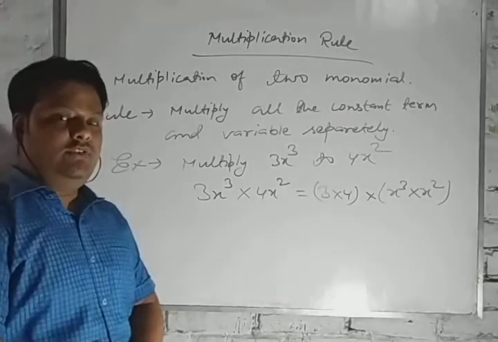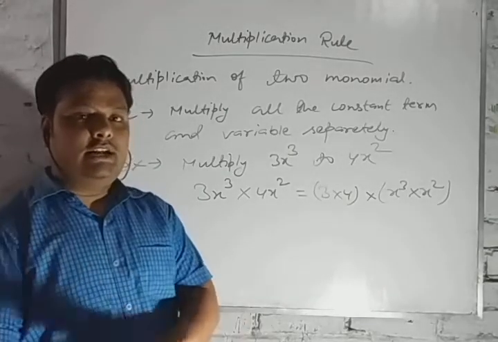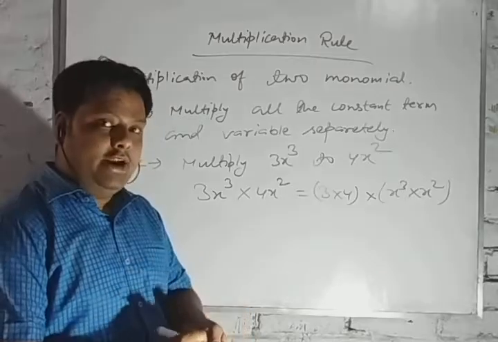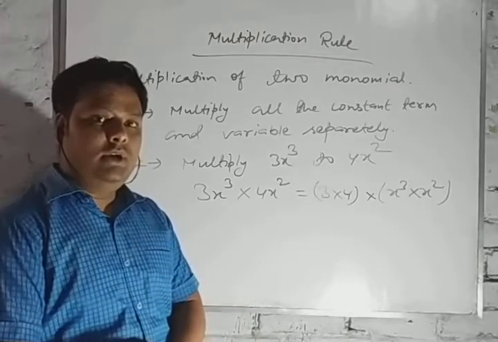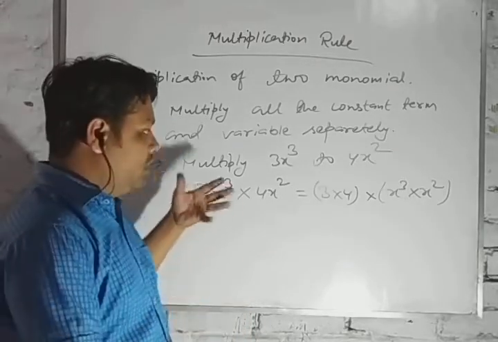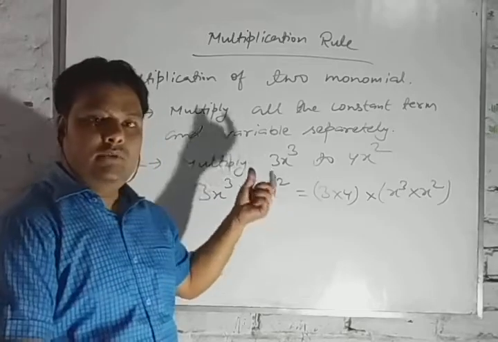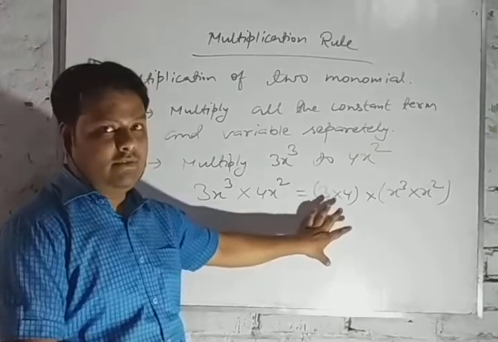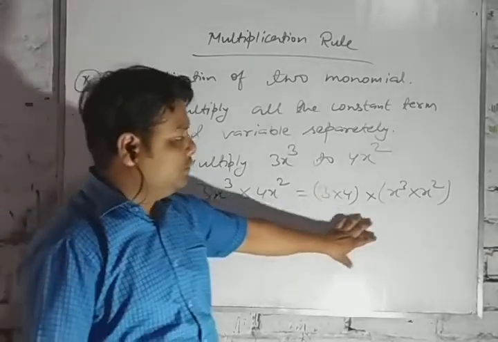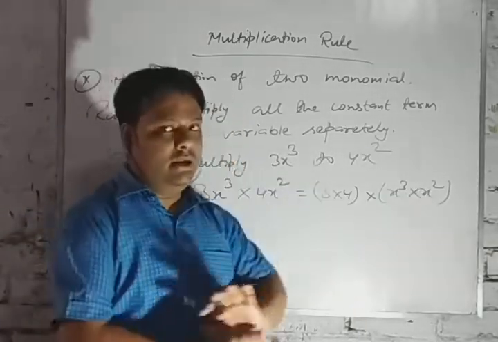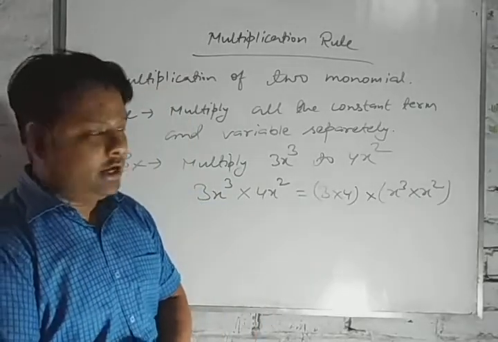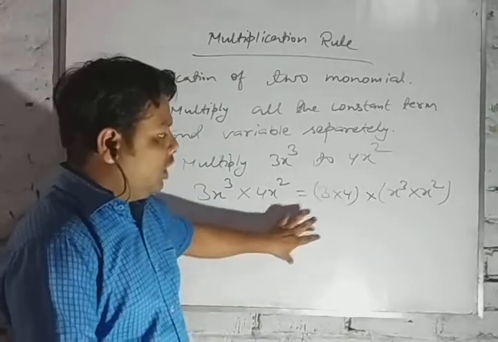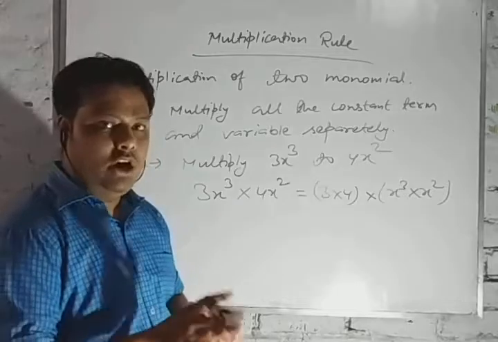In addition, we have addition and subtraction. We have added or subtracted only the constant terms, but we will not touch the variable. But here we have to multiply the constant terms and the variable also. If you are going to multiply the variable, then only the exponent of the variable will add or subtract.